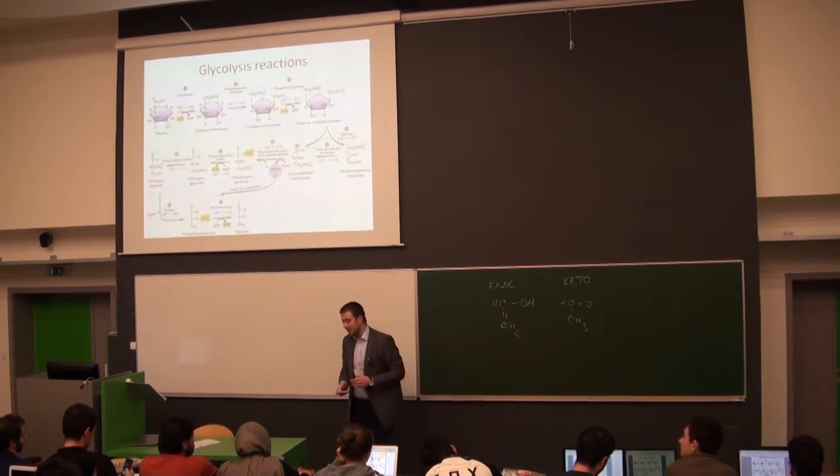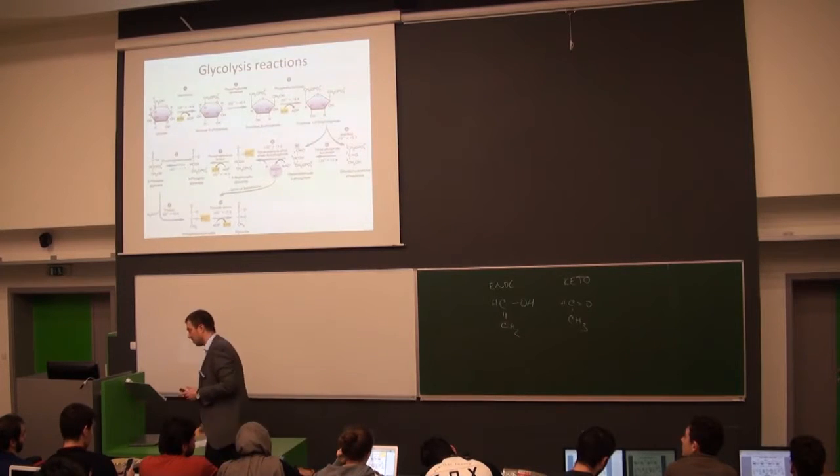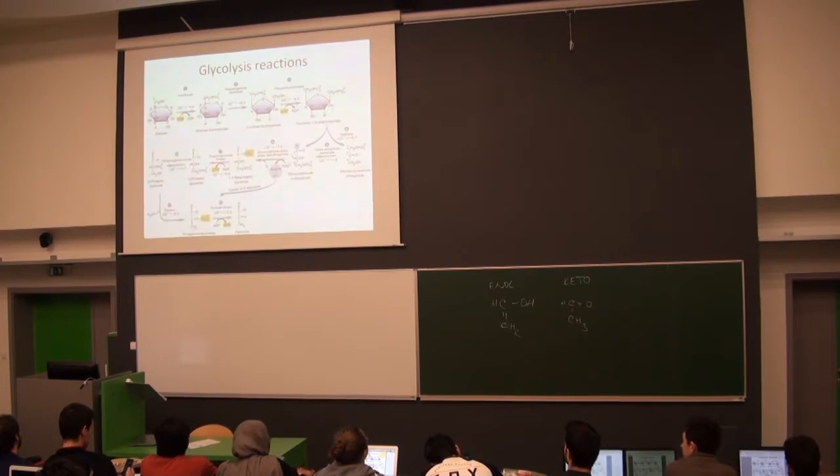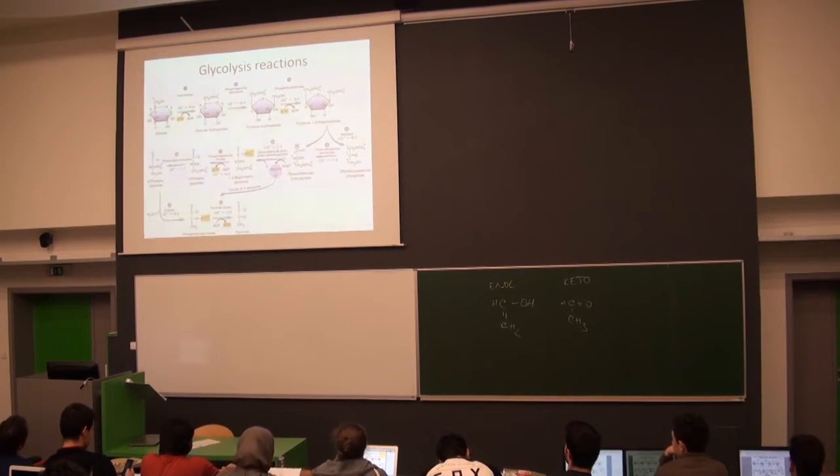Here, by the enolase, we produce the enol, and the enol is phosphoenol pyruvate. If we look here, you remove the hydroxy group and hydrogen, and here you have the double bond. That means you produce a double bond, and this oxygen is derived from the hydroxy group.